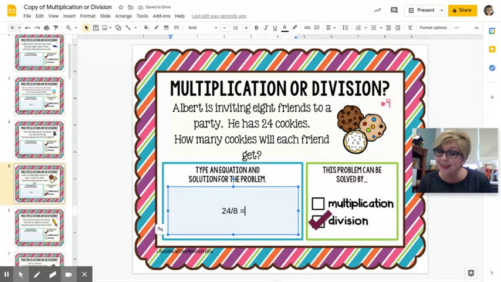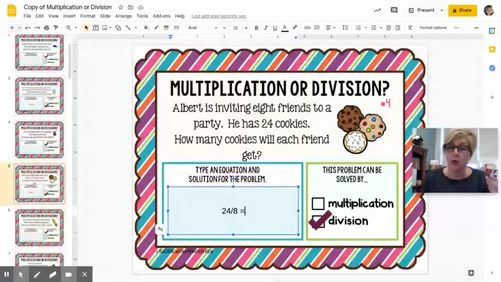We know it's going to be less because when we divide, we're separating a big group into smaller groups. If you're not sure what the answer is, think about it in reverse. What number times 8 gives me 24? We might have to work our way through our facts to help ourselves do that.